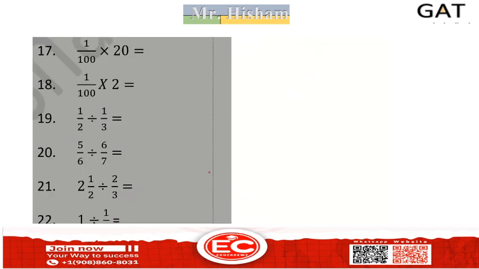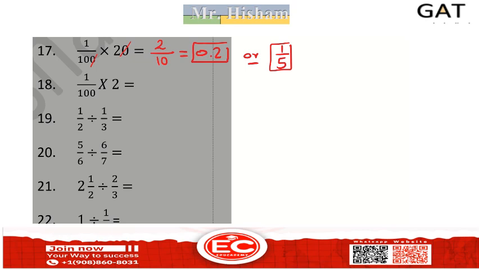Regarding question number 17, I have 1 over 100 multiplied by 20. And here, I can cancel a 0 with a 0. So in the numerator, I have 2. In the denominator, I have 10. 2 over 10, you can write it as 0.2 in decimal, or you can write it as 1 over 5 in simplest form. So if I have zeros, I can cancel them.